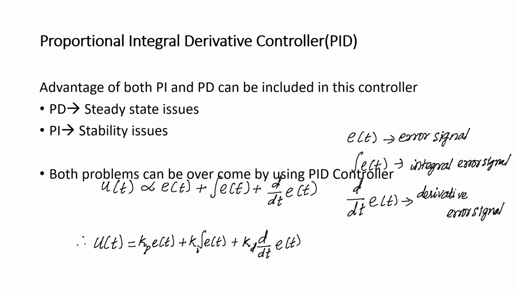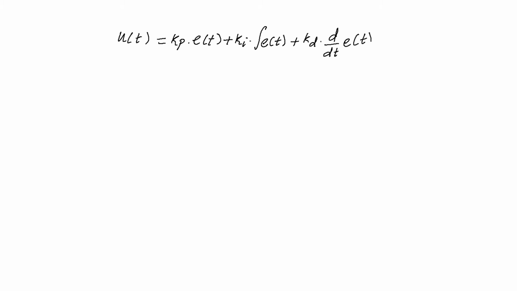Okay, so you know the equation: u of t is equal to kp dot e of t plus ki dot integral of e of t plus kd dot d by dt of e of t, right?